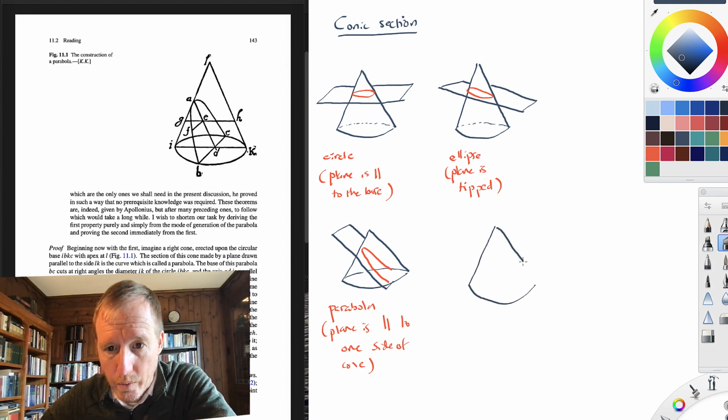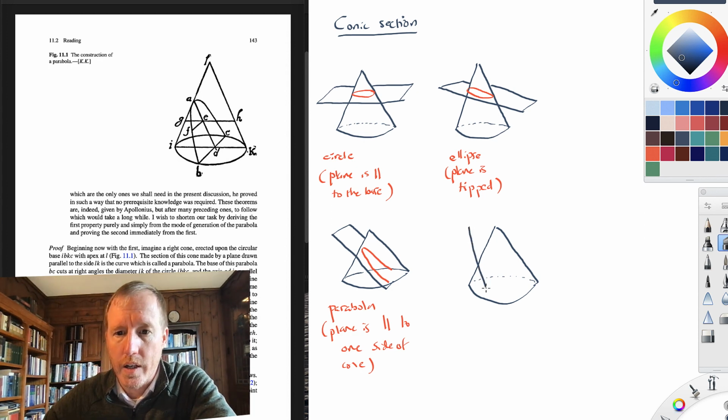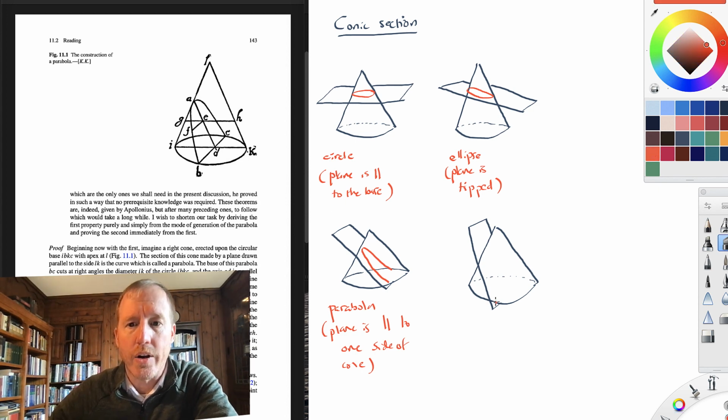Okay, and one more. Each of my cones looks a little bit different, I suppose. Now, what if I were to cut the plane more vertically? So I were to take this plane like this and cut in this way, so it's at a steeper angle than the side.